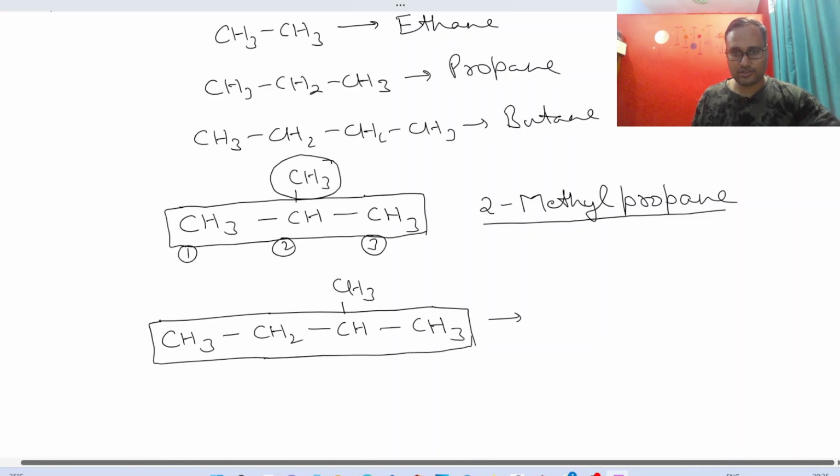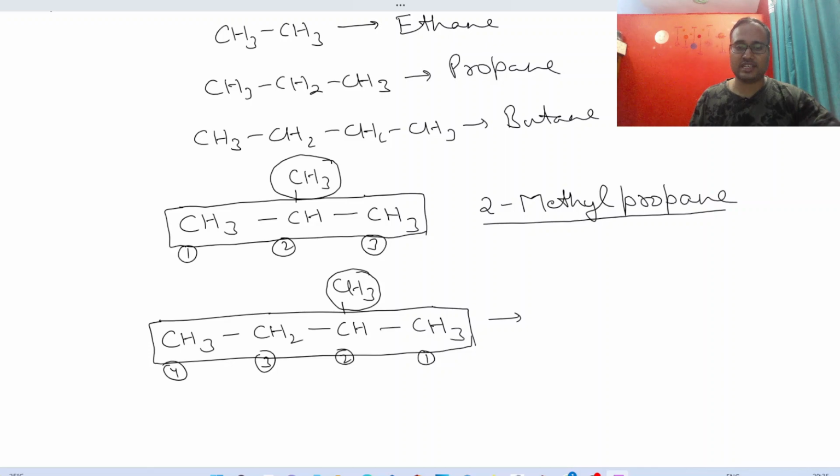After selecting the longest chain, we again start the numbering 1, 2, 3 and 4. This methyl group is present on the second carbon atom if we start the numbering from the right hand side, and it will be on the third carbon atom if we start from the left hand side. So we have to start the numbering from the right hand side, whichever side the substituent gets the lowest number.